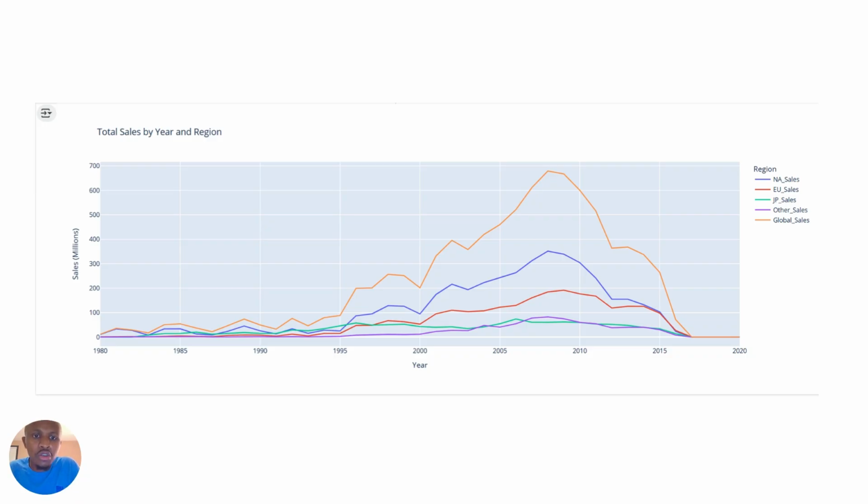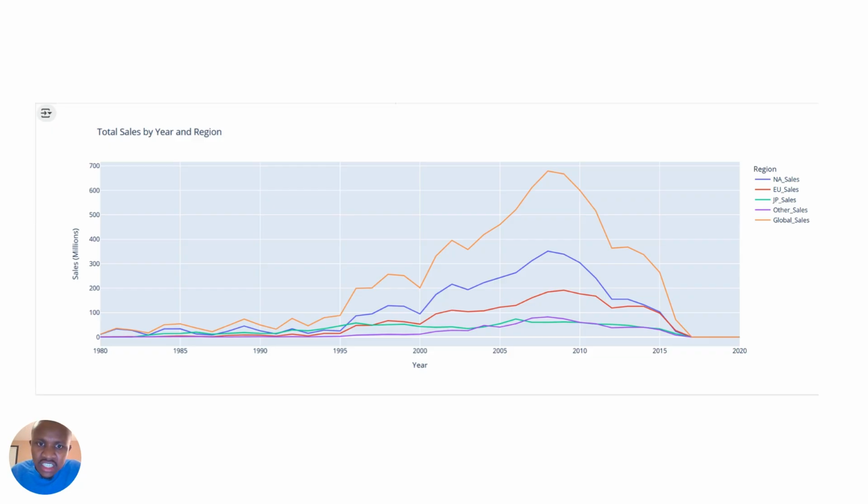You use Python code that combines all the graphs using various colors to see the total sales by year and region. Interestingly, the global sale is obviously high, and the green one is North America.